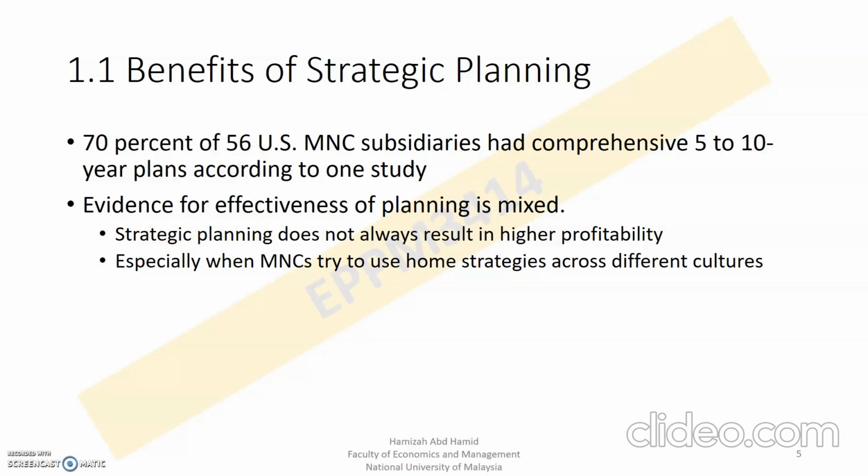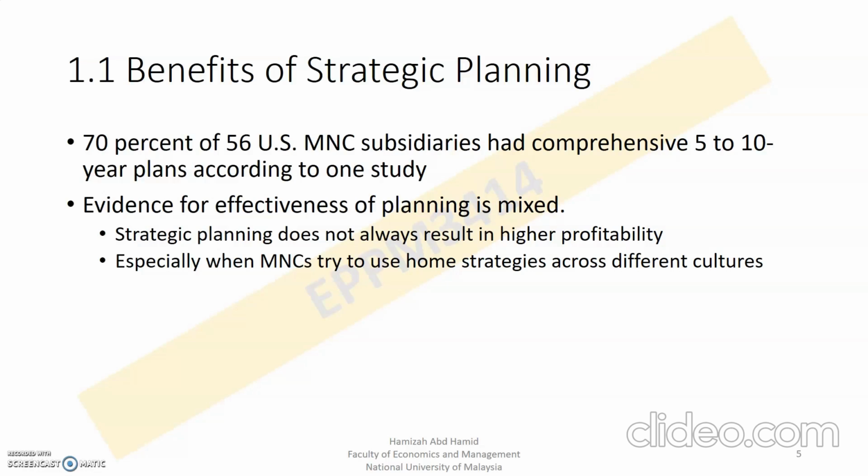We talk about complexity in conducting business in multiple countries. This is especially problematic when multinational companies try to use home strategies across different cultures. Basically, a home country strategy is when you apply the strategy from your home country in the host country that you are operating in.